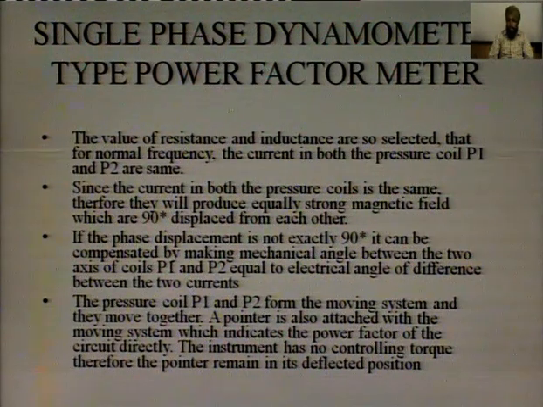A pointer is also attached to the moving system which indicates the power factor of the circuit directly. The instrument has no controlling torque, therefore the pointer remains in its deflected position.